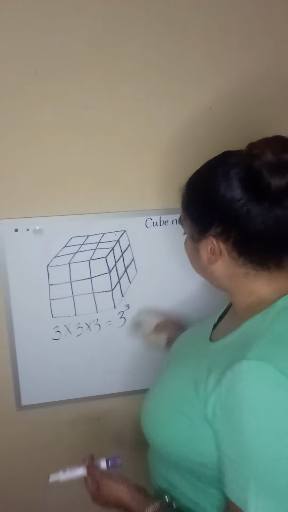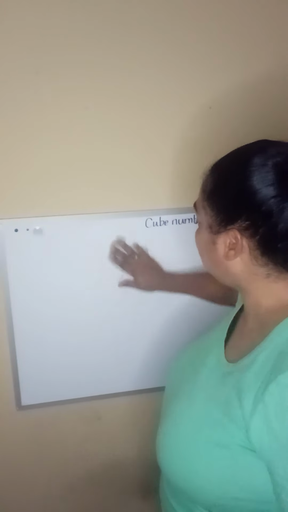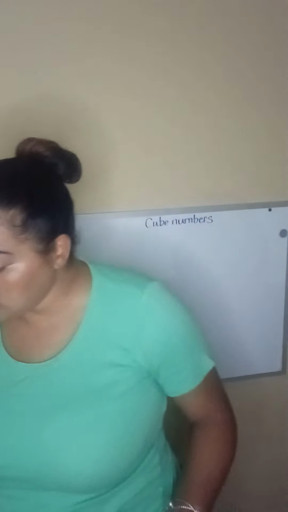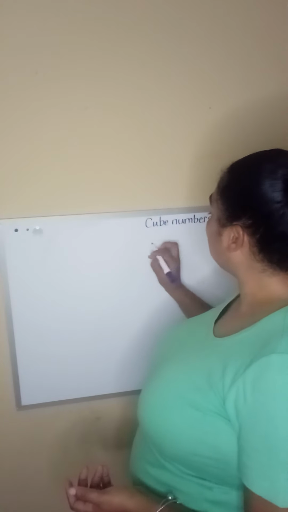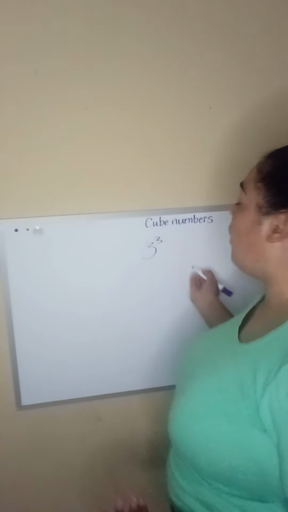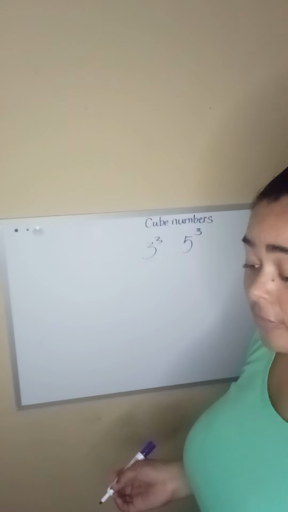If you want to know the cube of 3, or the cube of 5, all it means is 3 cube or 5 cube. That's all it's asking.